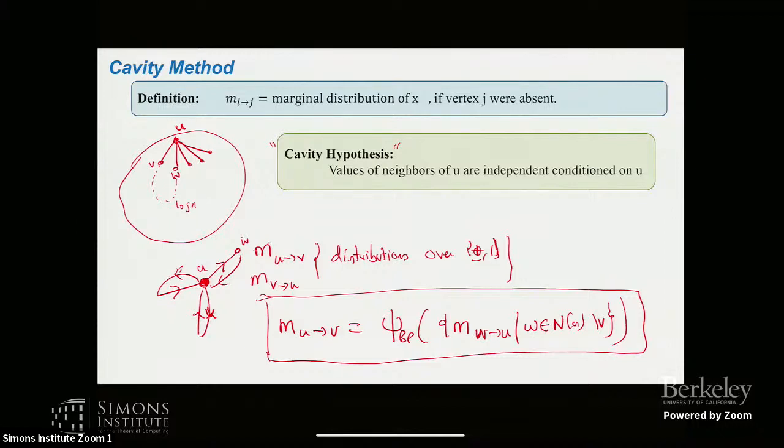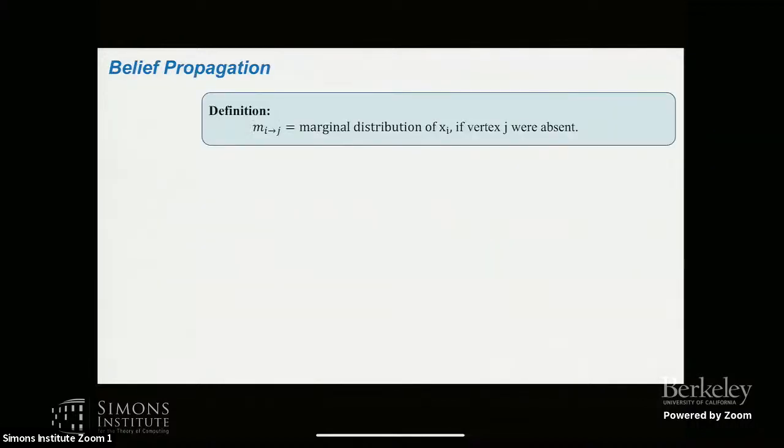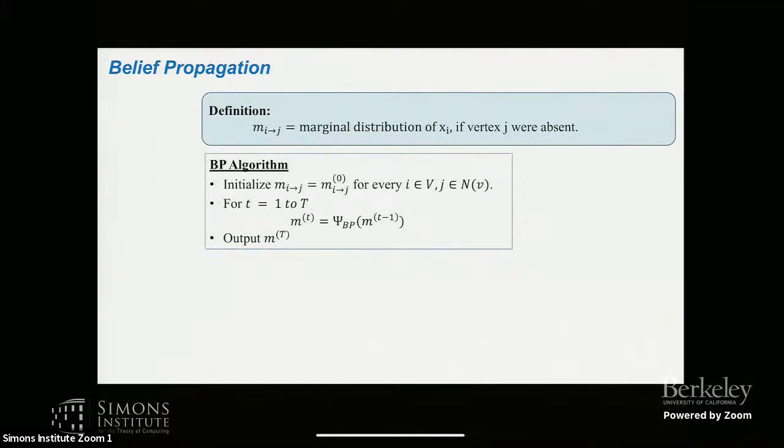So it's like a fixed point relation. You want to find a fixed point of this relation. So, okay, let's take a leap of faith and try to do the natural thing. You start at one point and you keep applying the same update rule again and again and hope that you converge to the fixed point. Okay, so that is the BP algorithm.